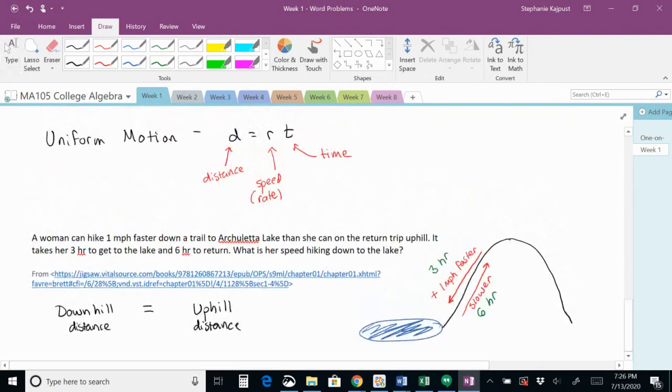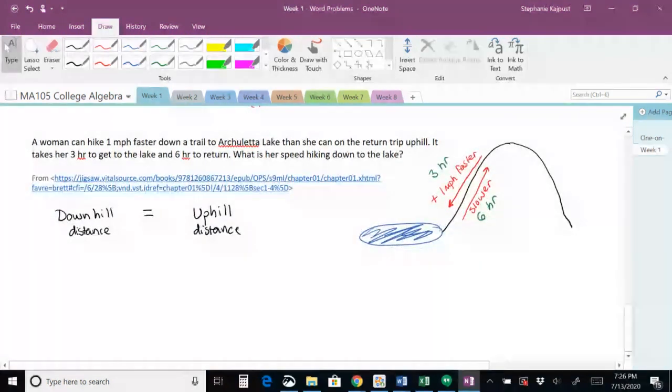So if I'm using my distance equals rate times time equation, then the rate downhill and the time downhill need to be equal to the rate uphill and the time uphill. When you put letters at the bottom, those are called subscripts, and those act as labels. I'm labeling these as downhill and uphill so we don't get confused and think they're the same thing.